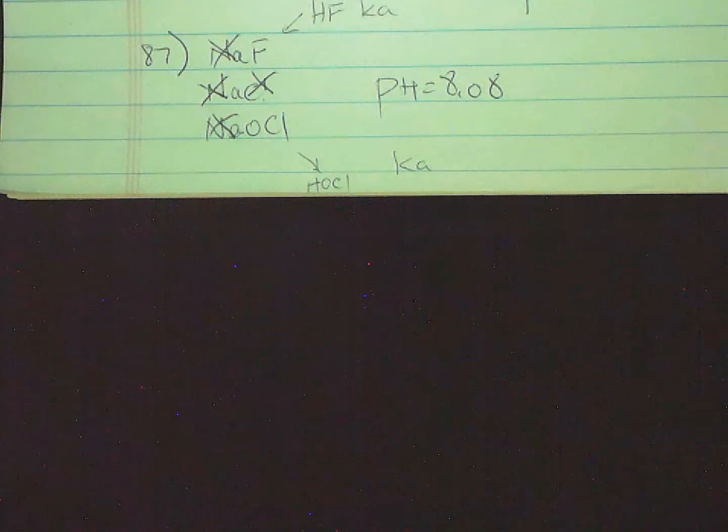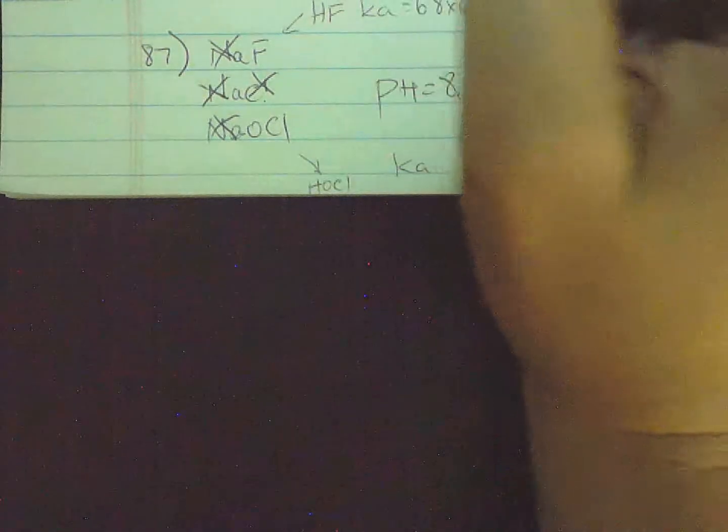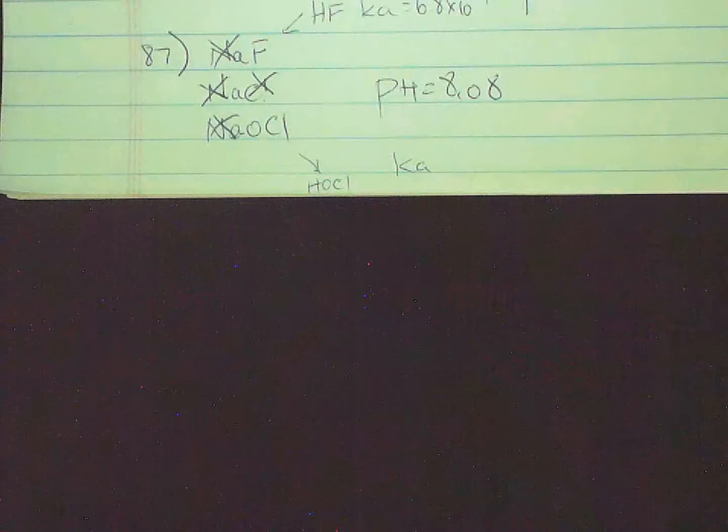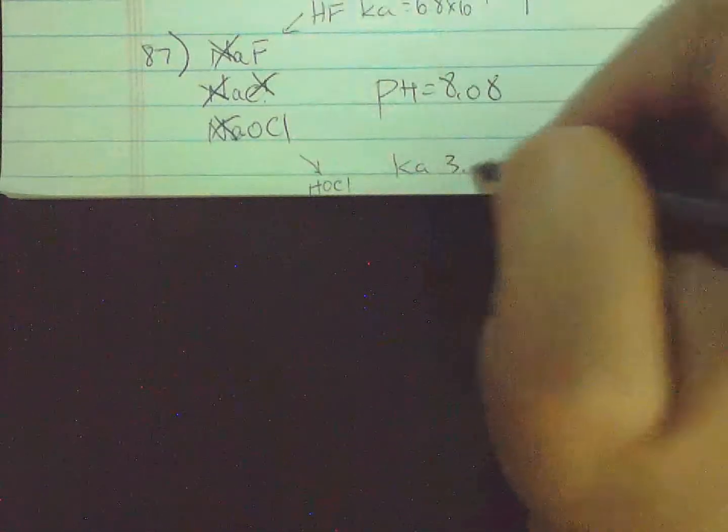Hydrofluoric acid is, I can't tell, 6.8 times 10 to the negative 4th. And then hypochlorous acid is 3.0 times 10 to the negative 8.